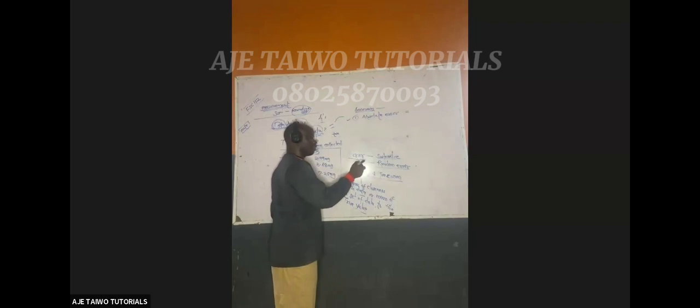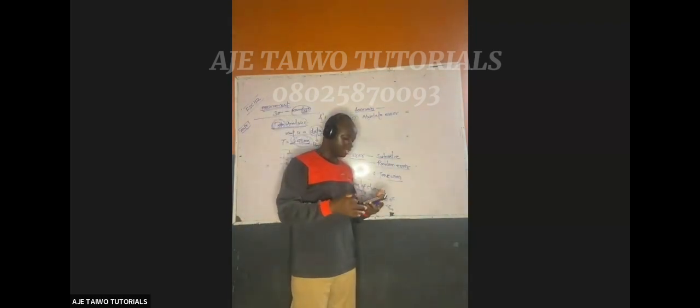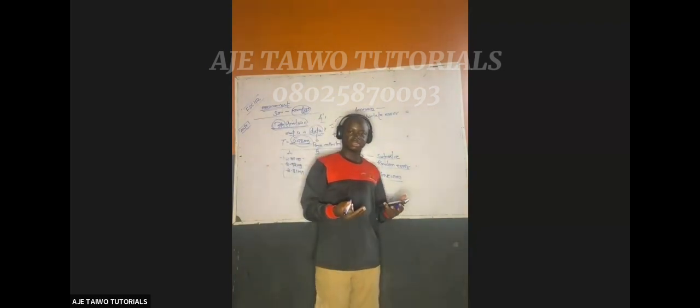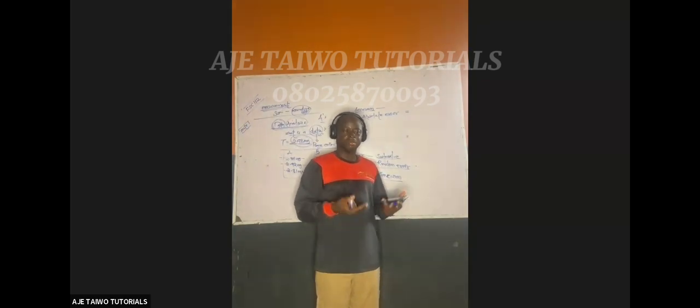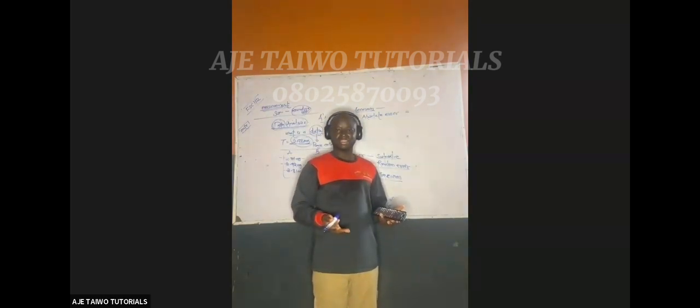Errors are committed because you lack knowledge, or because conditions for measurement are not favorable, or because your equipment is giving you a wrong value, or you yourself do not have knowledge of what you are measuring.